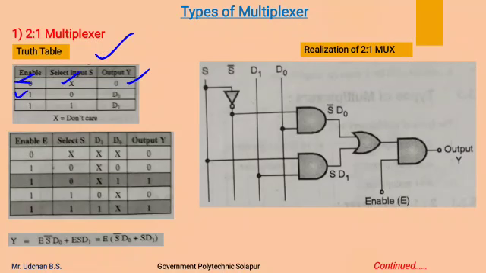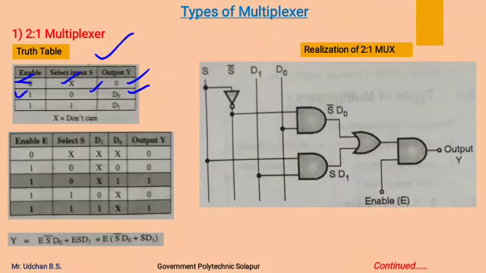In the second case, the enable input pin is made high, the select line status S is 0, so the multiplexer will select the D0 line, and whatever data is available on the D0 line will appear on the output line Y.